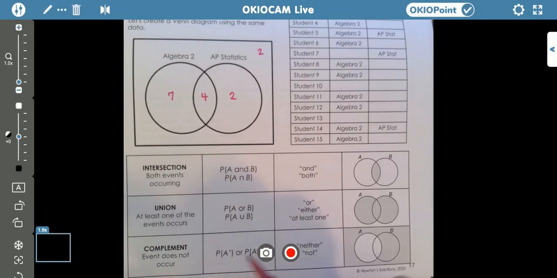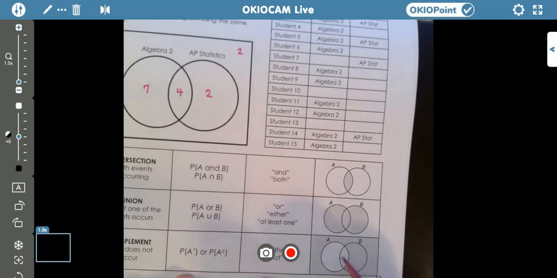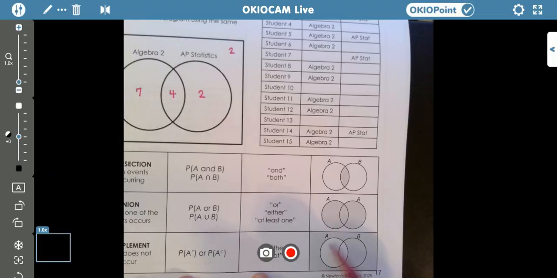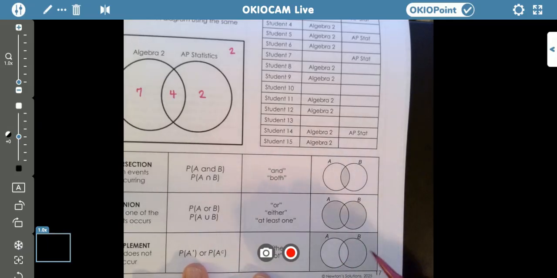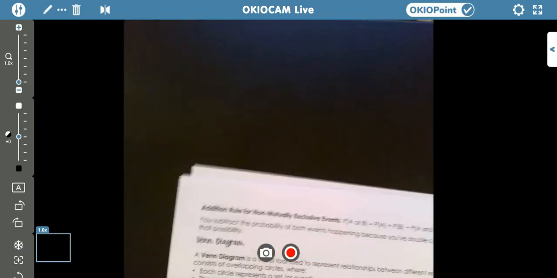And then complement, it can either have a little apostrophe there or it can have a little C there. It means just not what we were talking about. So for this one, not A is everything that's shaded in here. A is the only thing that we're not including in this one, because we want everything that's not A.